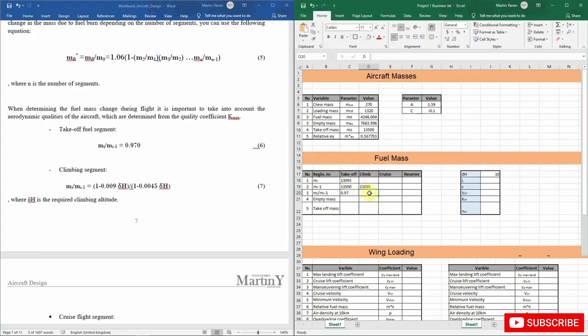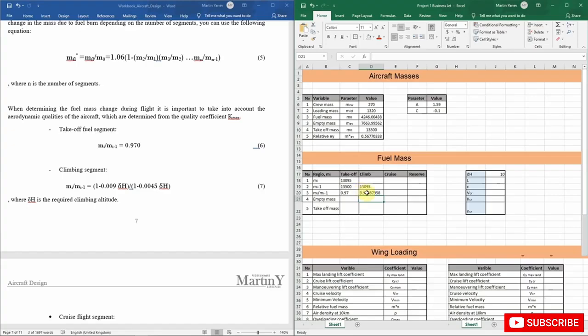And then we can start writing the equation in the cell in front of the mass ratio in the segments area. So this is going to be equal to bracket 1 minus 0.009 multiplied by DH, which is equal to 10 kilometers in the SI system. And this is going to be divided by 1 minus 0.0045 multiplied by the climbing altitude. So let's select this again, let's close the bracket, and we're ready.